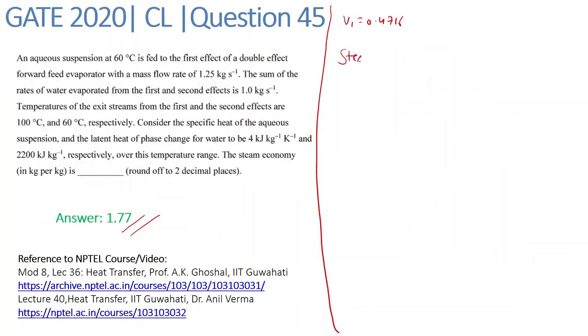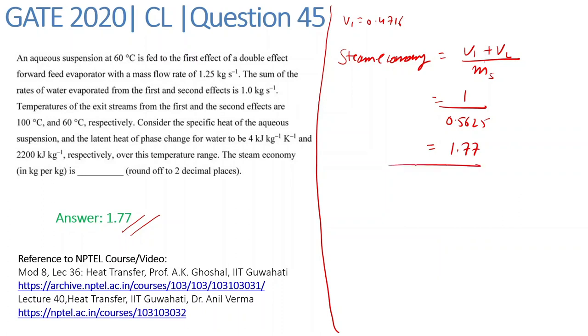We can write the steam economy as V1 plus V2 upon m dot s, that is 1 upon 0.5625, and it will become 1.77. So this is my steam economy, and we can write the answer up to 2 decimal places. The final answer, that is steam economy in kg per kg, is 1.77.